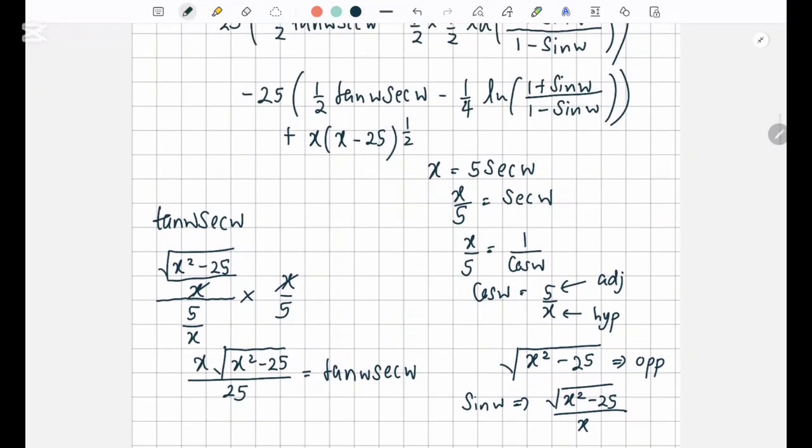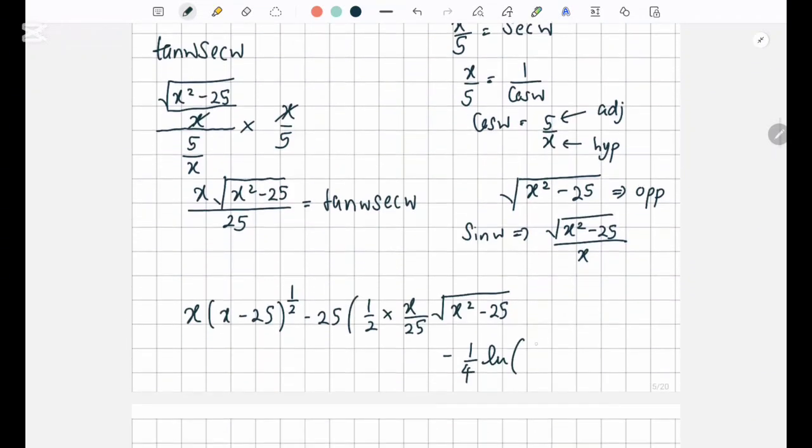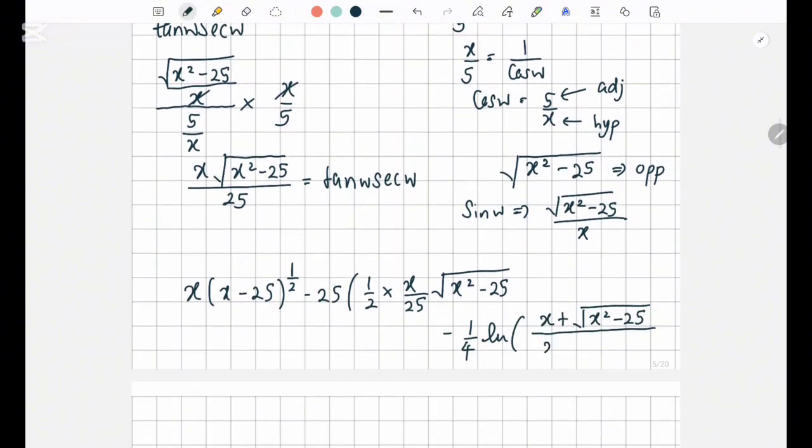So we have 1 plus sine w, so it would be like this: x plus root x squared minus 25 over x minus root x squared minus 25.